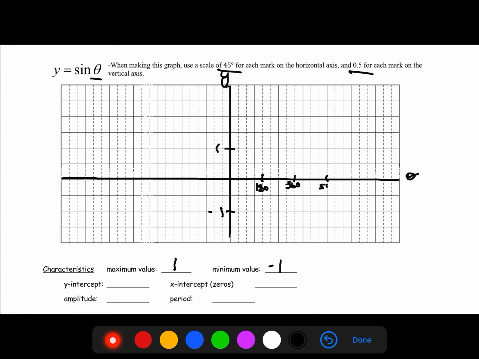So 4 blocks is 180, gives us 360, 540, and 720. And we're going to do the same thing with our negatives.